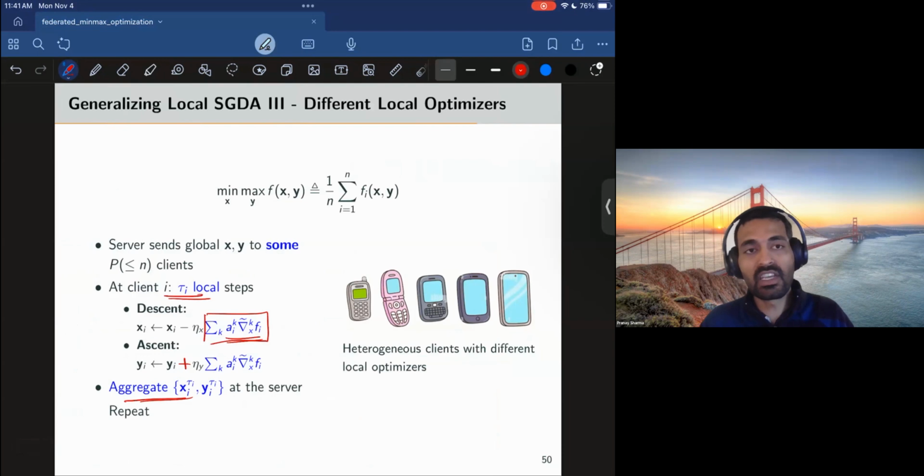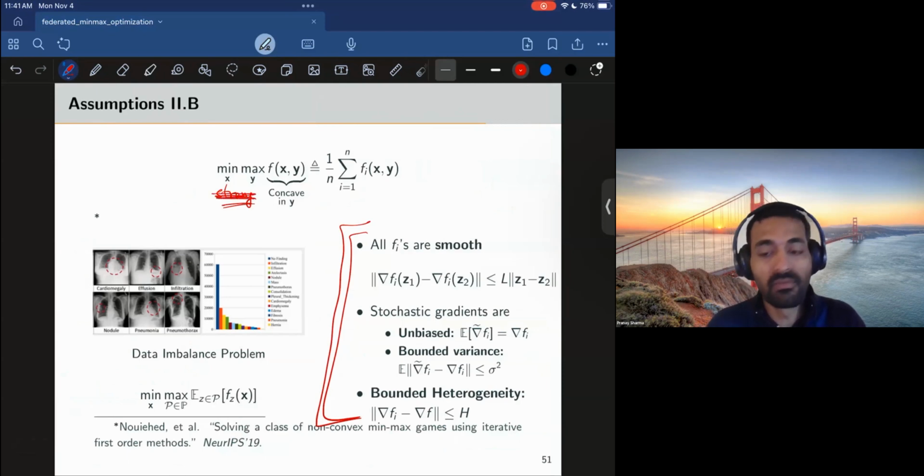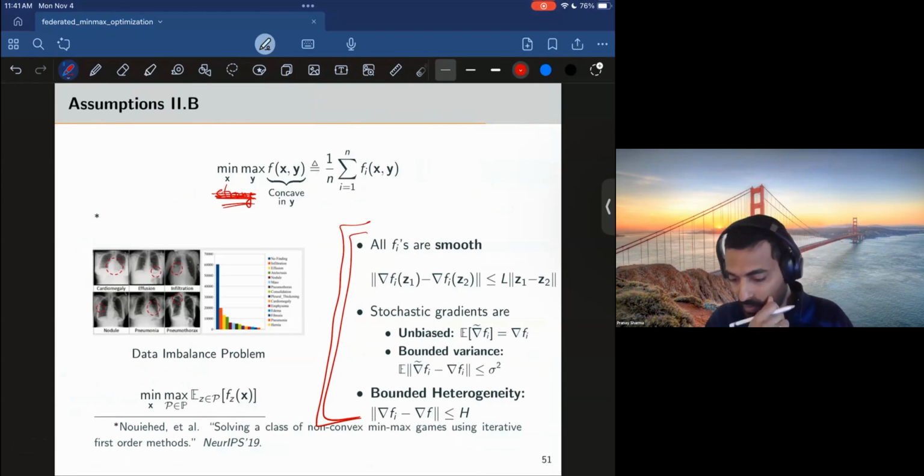Let's see if we can study another class of problems. So now these sets of assumptions stay the same, but now we remove the strong from strong concavity. We only allow concavity in Y. So it's a broader class of problems.